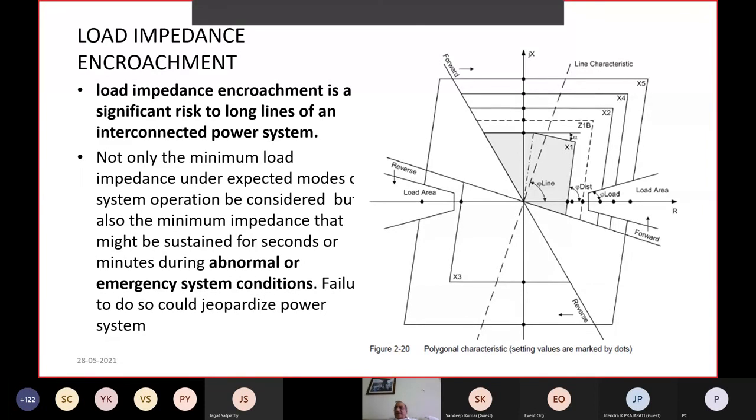But now we can have this characteristic where you allow the line to be overloaded for some time so that the system can have a special protection scheme or other control scheme which will reduce the loading to a safe level, including by way of load shedding and other remedial actions.